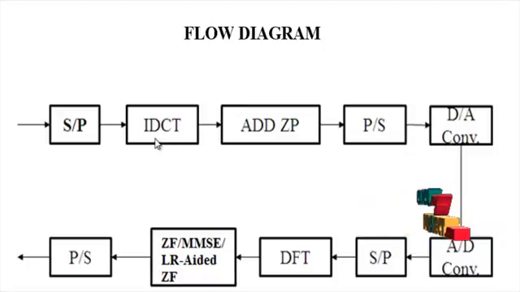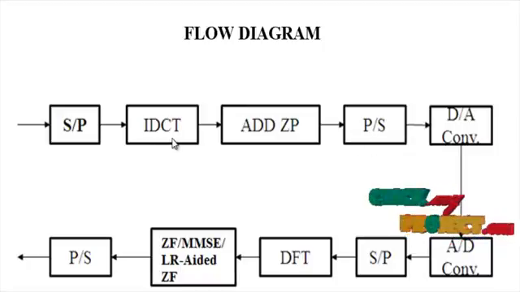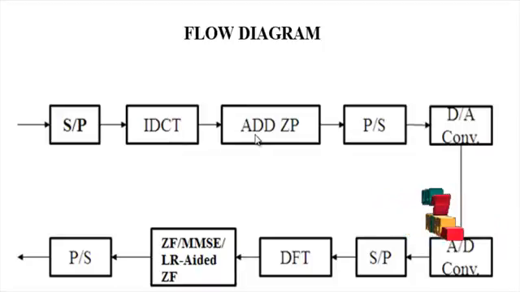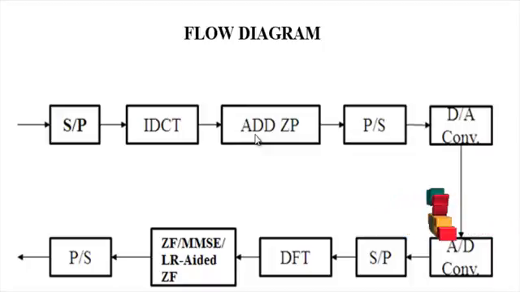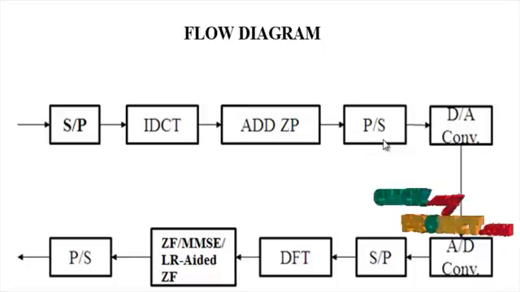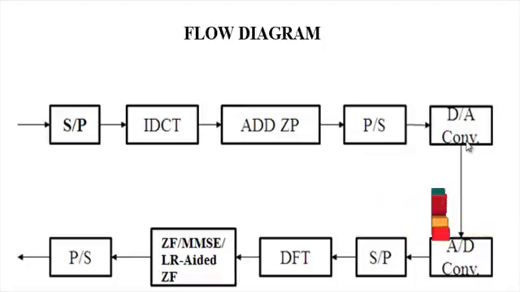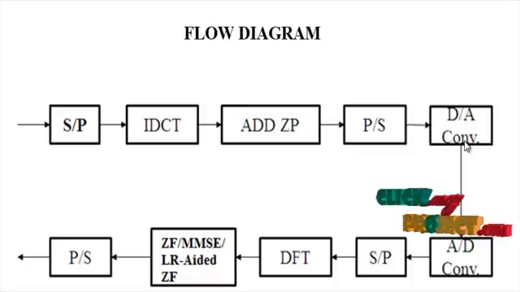Here, the IDCT block is used. This is the inverse discrete cosine transform, and zero padding is added to our OFDM signal. Next, the parallel signal is converted into serial form. Finally, the digital signal is converted into analog and passed into the channel.